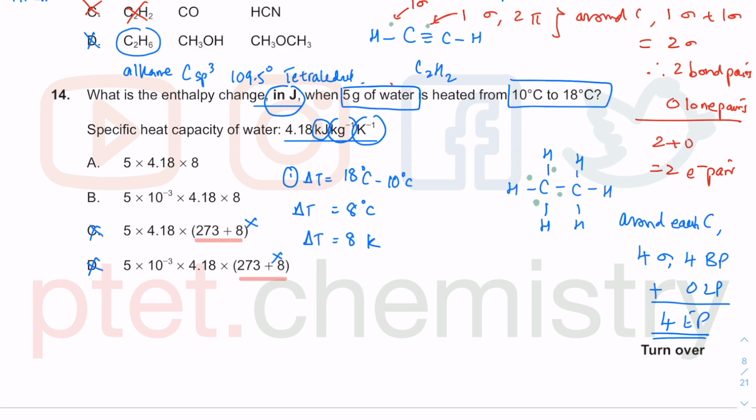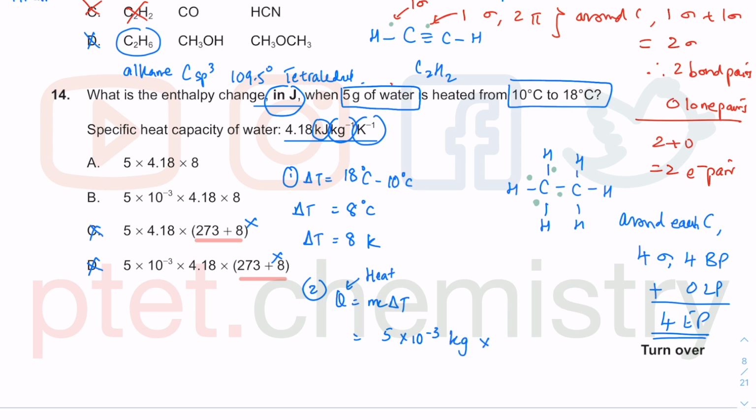That is where we need to think very carefully about this 5 grams of water. So if we have Q equal to mc delta T, where Q is heat energy, the m of water is 5 grams divided by 1,000. So 5 times 10 to the minus 3 kilogram.